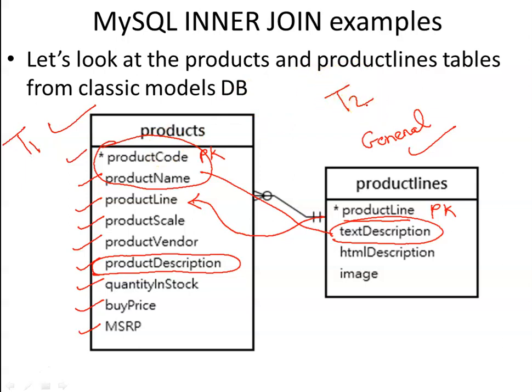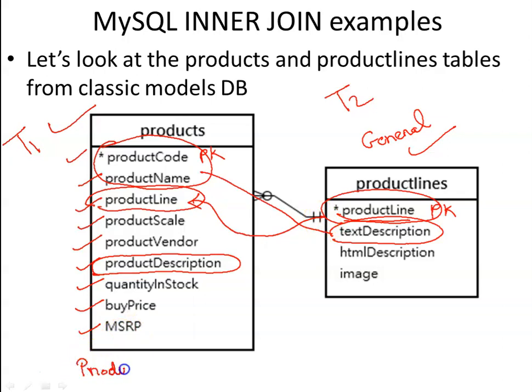Now what is the join attribute over here? On which condition can I join these two tables? Since I am referring to the foreign key concept, I will pick up the product line attribute from T1 and the product line attribute from table T2. So the join condition would be something like this.